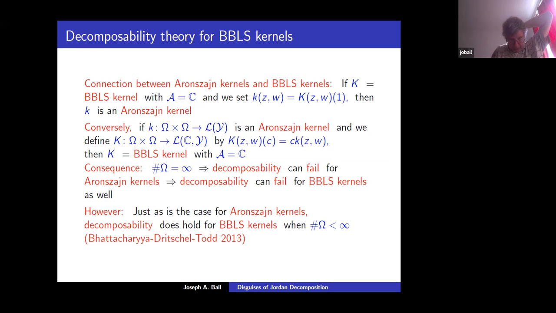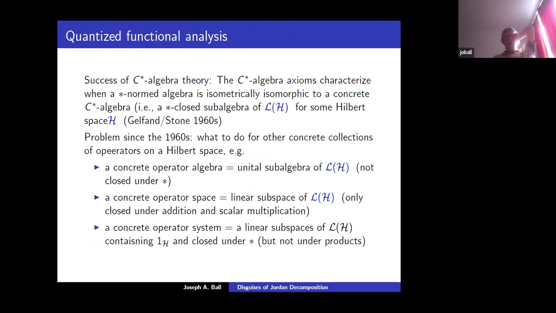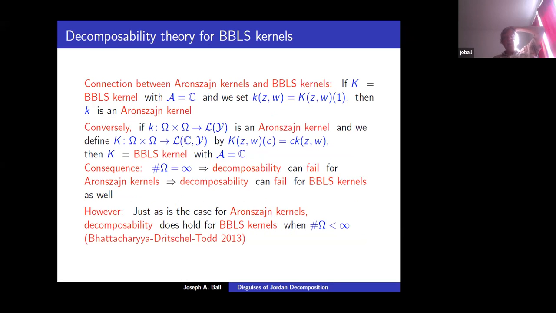But the Ehrenpreis kernel was a special case. So therefore, if omega has infinitely many points, then decomposability can fail, because we already saw this for the special case of Ehrenpreis kernels. But it can be shown that decomposability holds if the number of points in omega is finite. Result only recently, by Acharya, Dritschel, and Todd. Next slide.